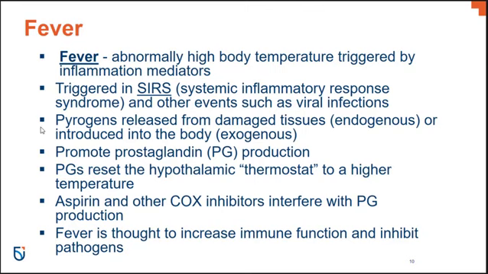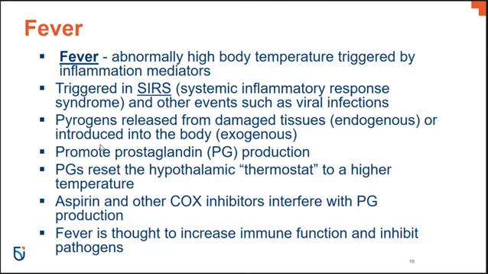It is pyrogen molecules that trigger this fever response when they are released from damaged tissue or when they're introduced into the body, such as from a bacteria. Endogenous refers to originating within the body. Exogenous refers to originating outside of the body. So pyrogens then induce fever.